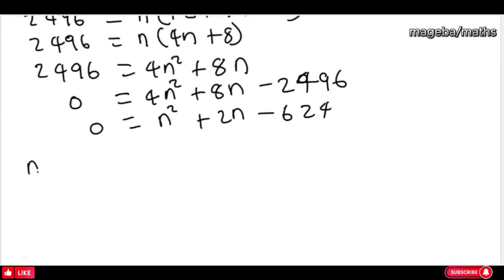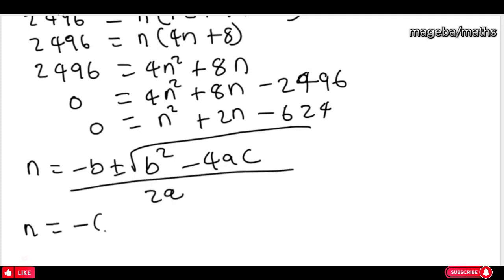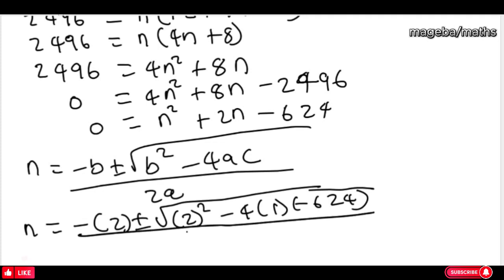I'm just going to do quadratic: n equals negative b plus or minus the square root of b squared minus 4ac, all over 2a. Then n equals negative 2 plus or minus the square root of 2 squared minus 4, our a is 1, our c is negative 624, and then all over 2a, which is 1.